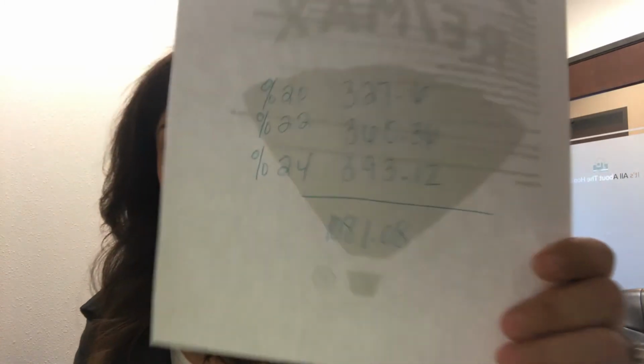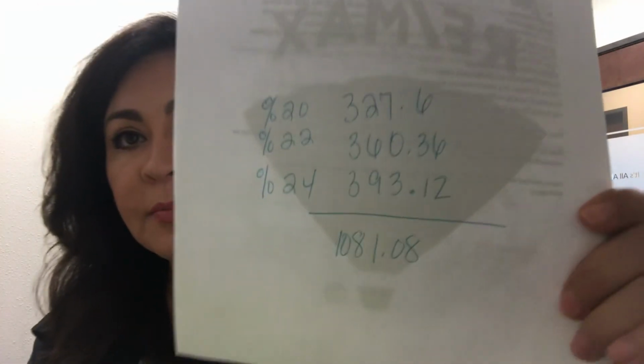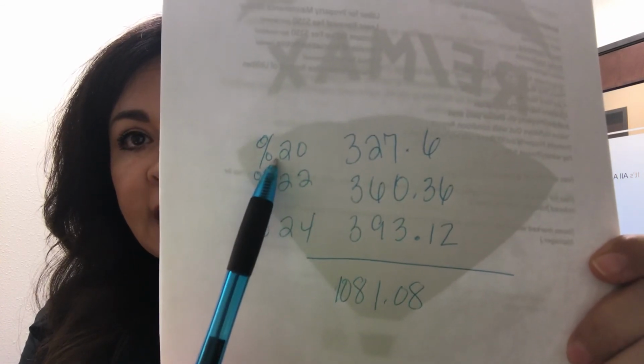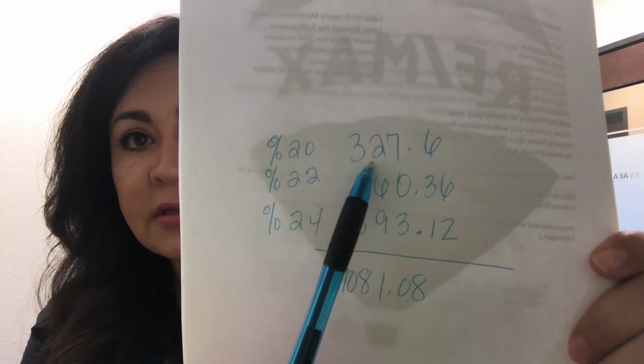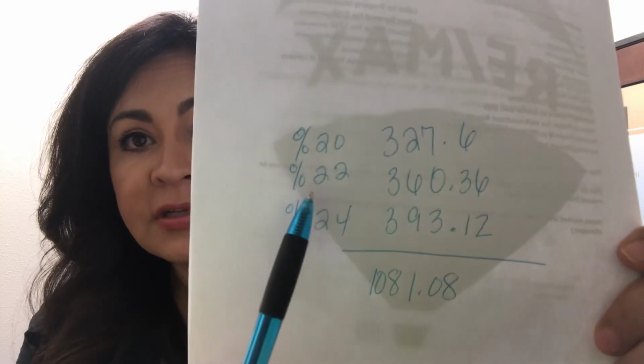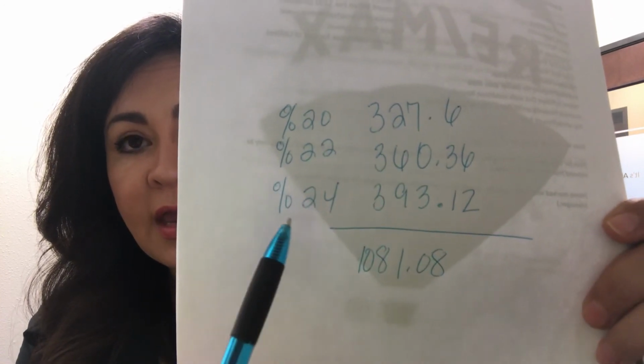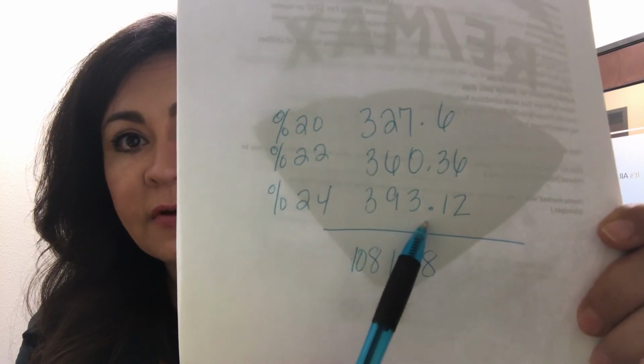this is what you would get paid on a monthly basis. So for example, the first set of 10 would have earned you this much. Your second set of 10 would have earned you this much. And your third set would have earned you this much.